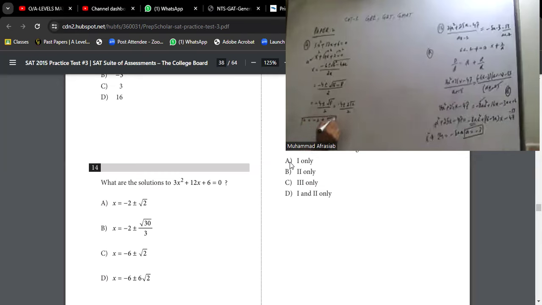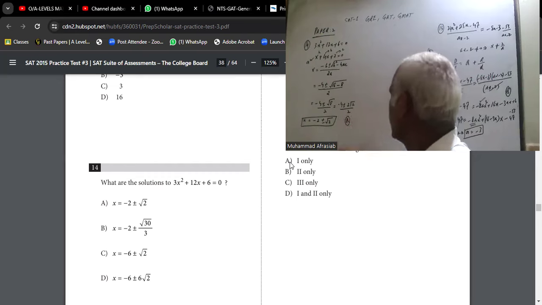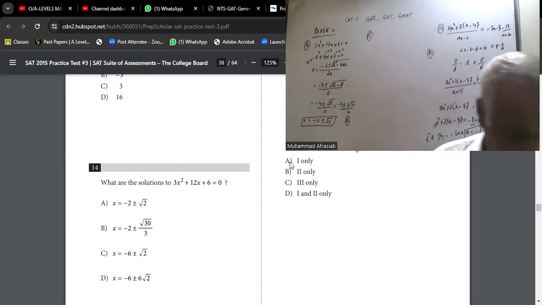So this is the answer, −2 ± √2. That is the answer of this part A there. So choice A is the right choice of this. Then question number 15.